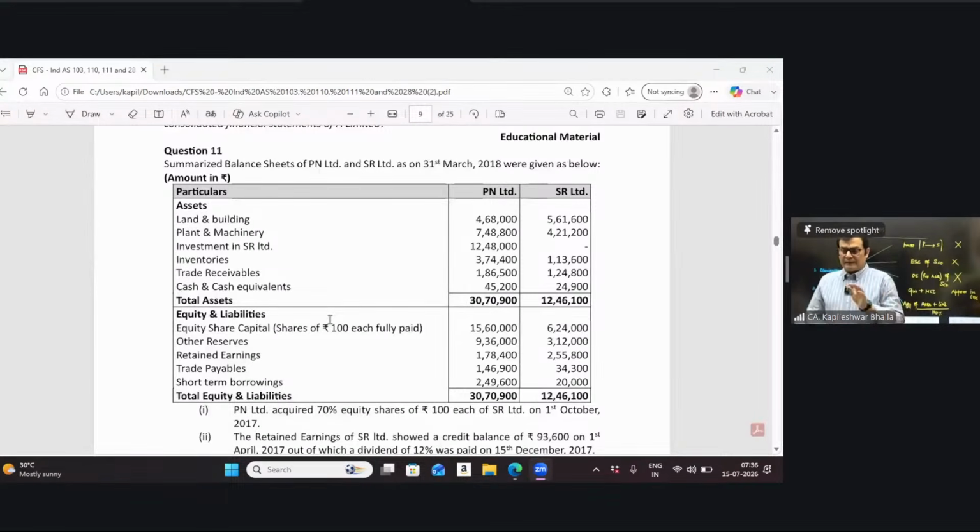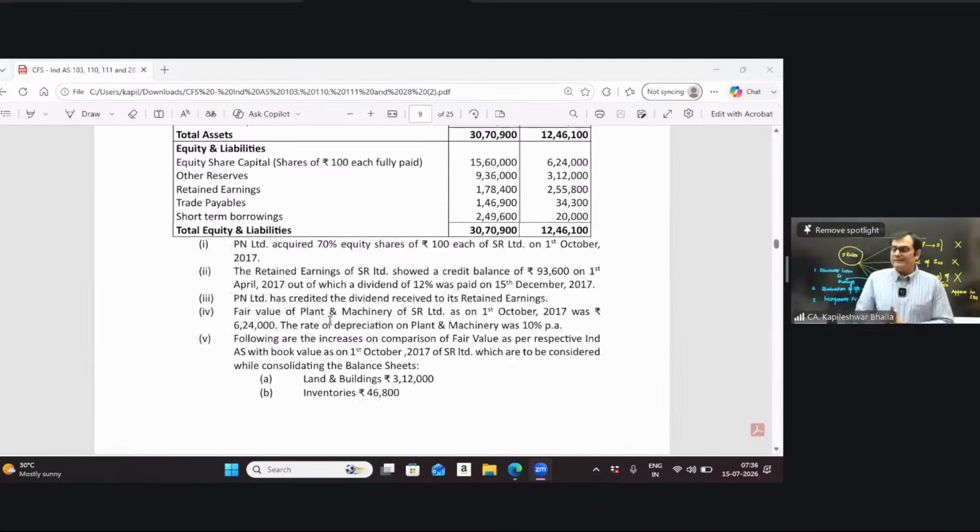It says the summarized balance sheets of PN and SR on March 18 are given. So we're given the balance sheets of both the parent and the subsidiary. Then it says in the additional information, and as you read the information, I would also say that you should start filtering which adjustments will be taken in which particular step.